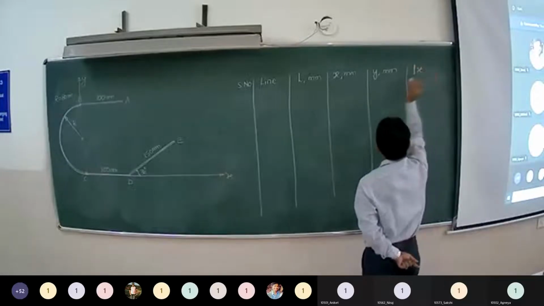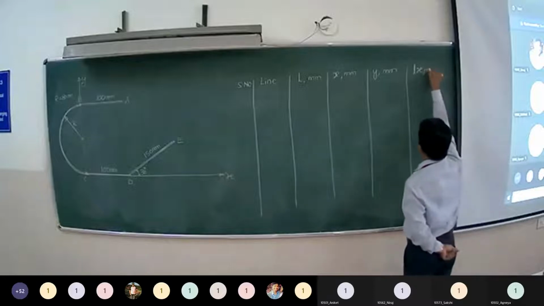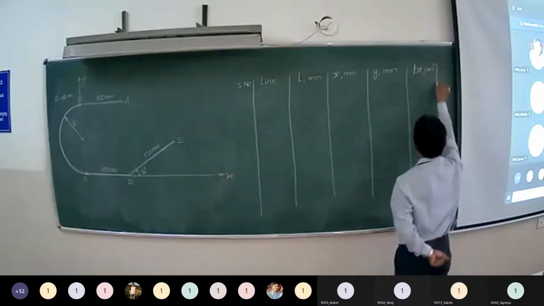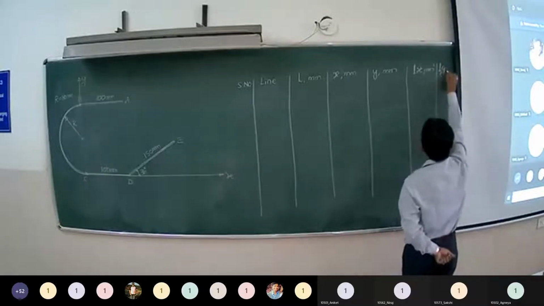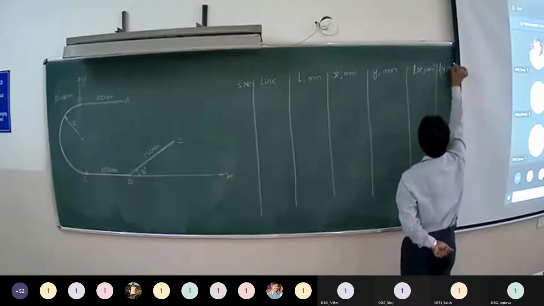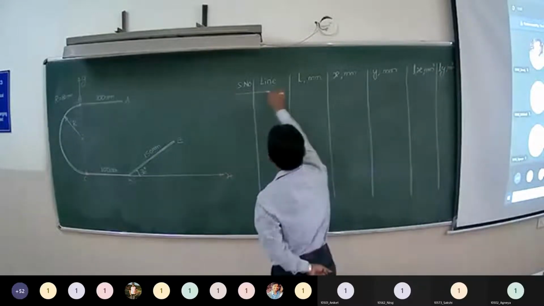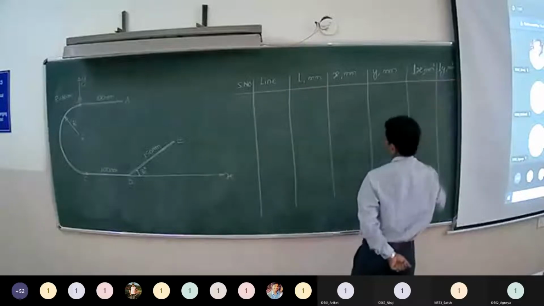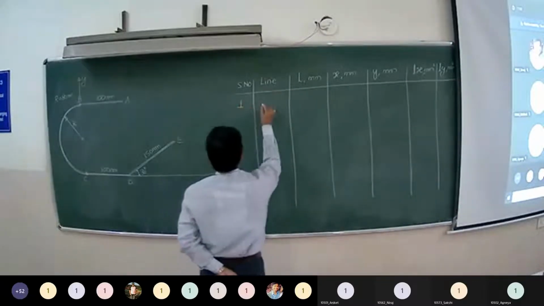L into x, moment of line about y-axis, unit is mm square, and Ly, moment about x-axis in mm square. Okay.